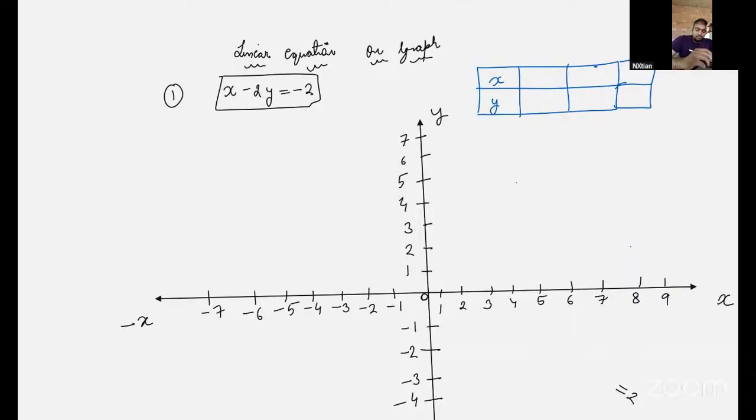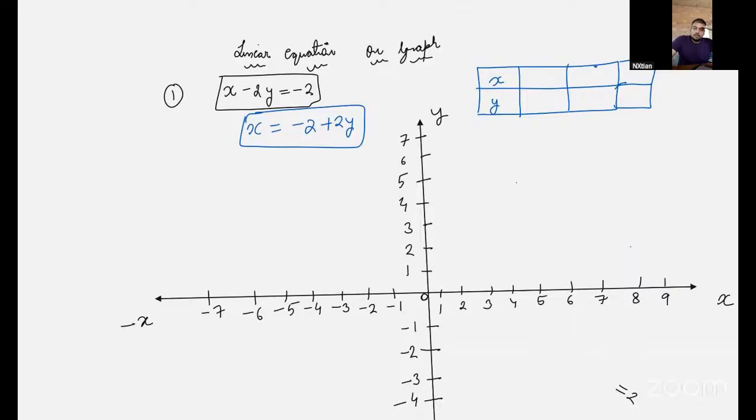After that, I'm a little bit stuck. So how you did it? Just tell me. Yeah, like x equals to 2y minus 2. Minus 2 plus 2. Yeah, like this. I did that. Now you have to assume the value of y. Any value of y you can assume.